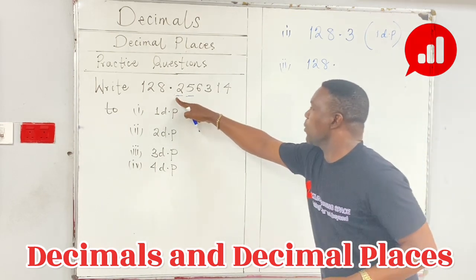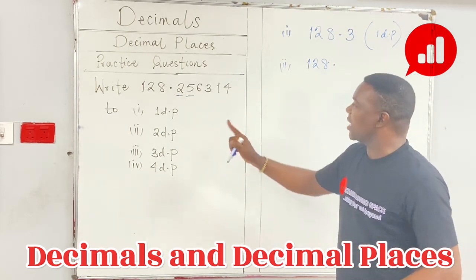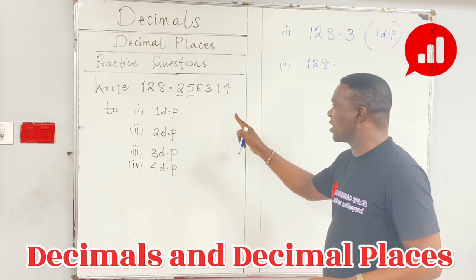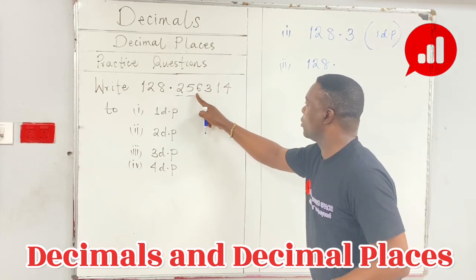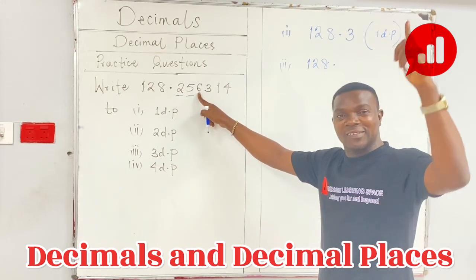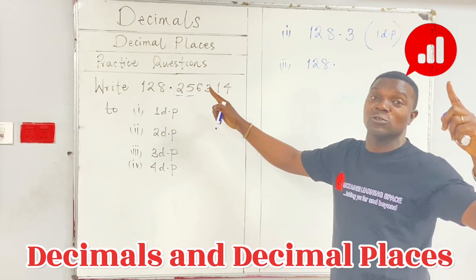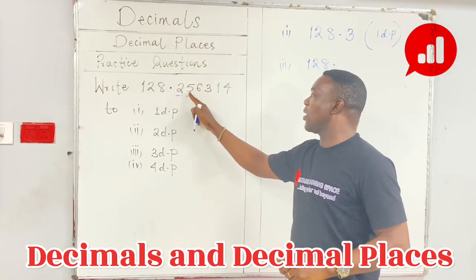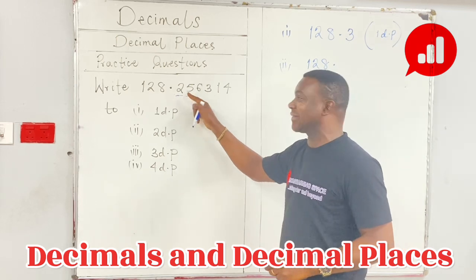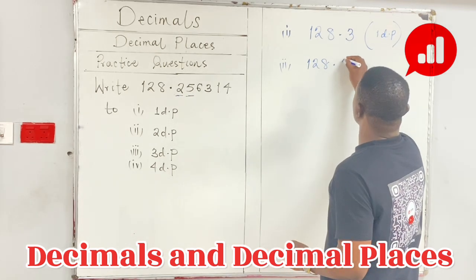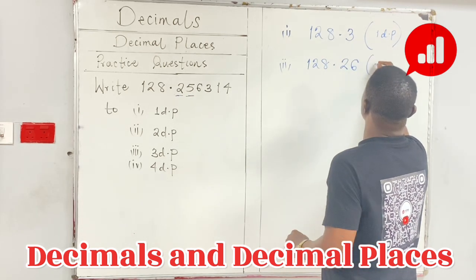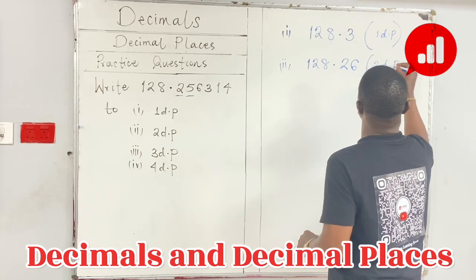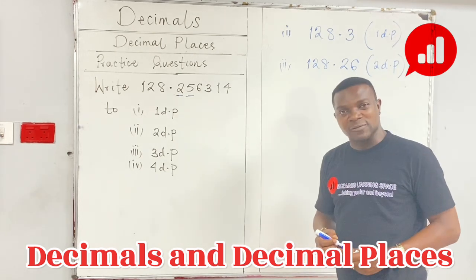Now, before you pick these 2 numbers finally, inspect, check the number after those 2 numbers, which is 6. 6 is more than 5. So what will it turn to? You will round it up to 1. And 1 plus 5 will become 6. So my answer will be 128.26. 2 decimal places. I hope you're following.